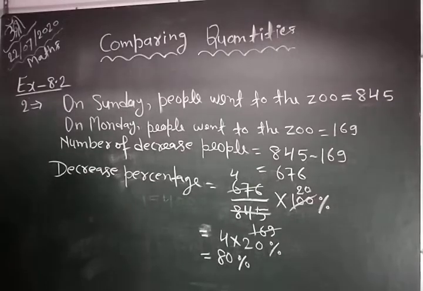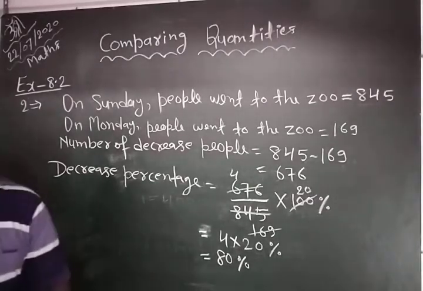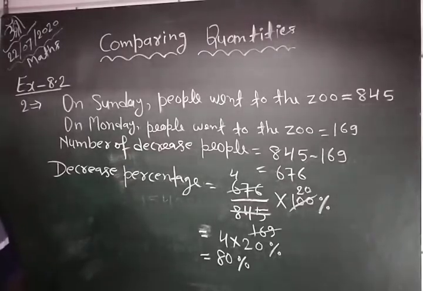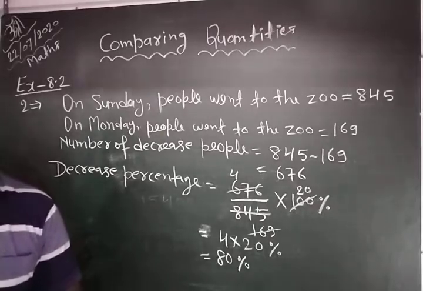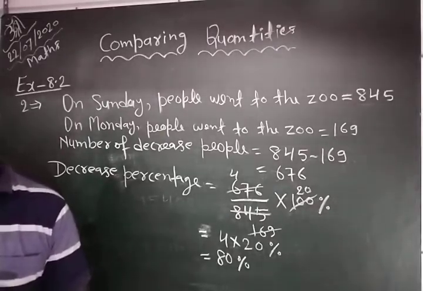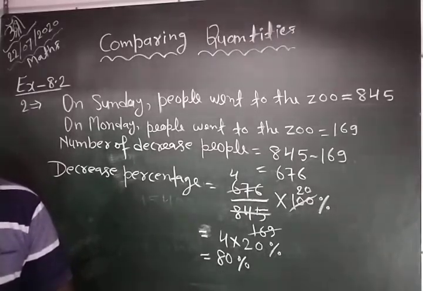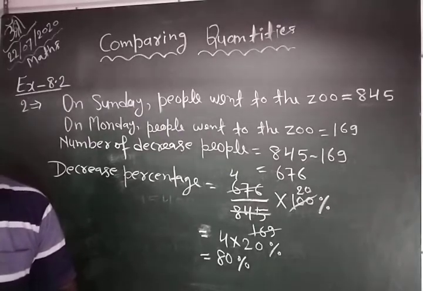Clear? In this question, it is given that on Sunday 845 people went to the zoo, and on Monday only 169 people went. What is the percentage decrease in the people visiting the zoo on Monday?